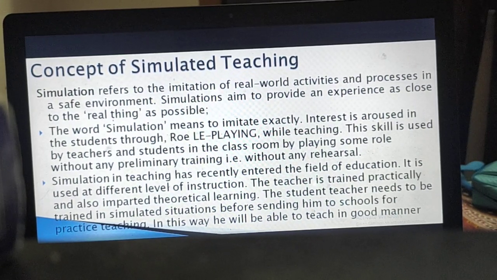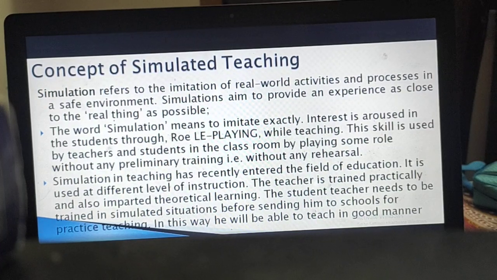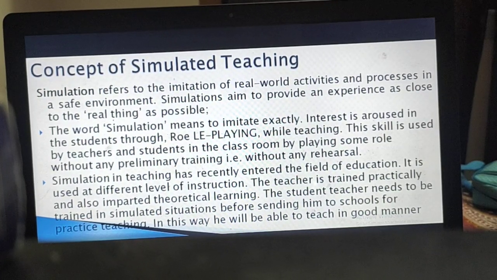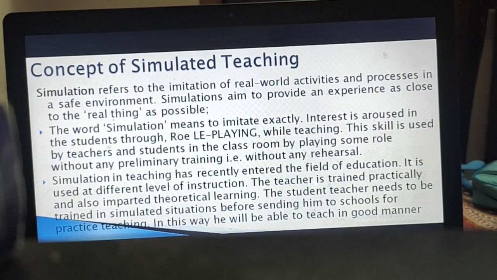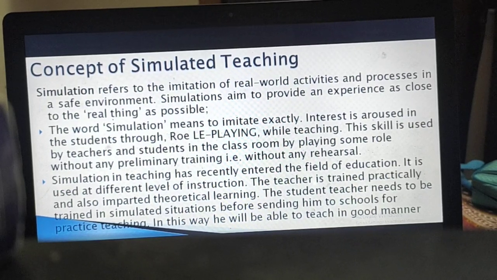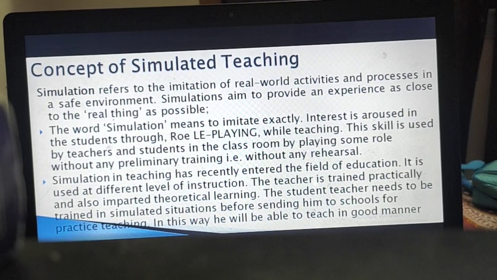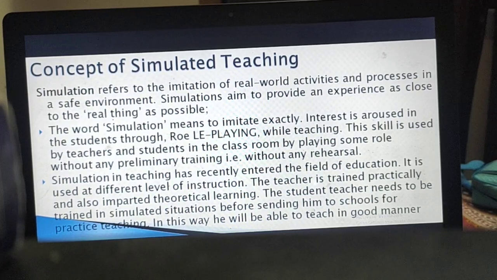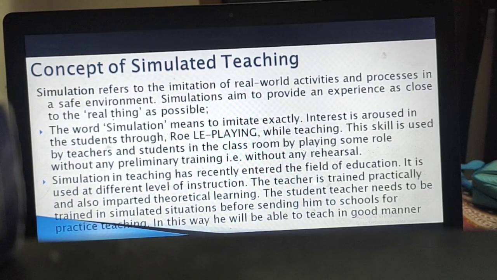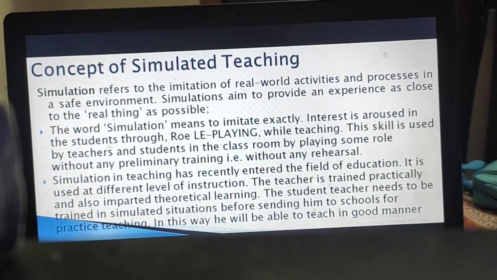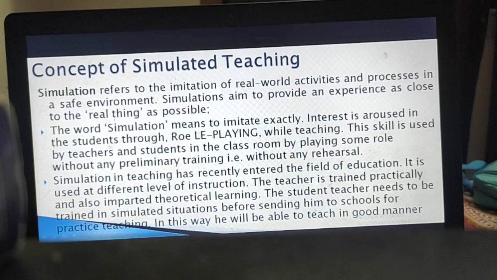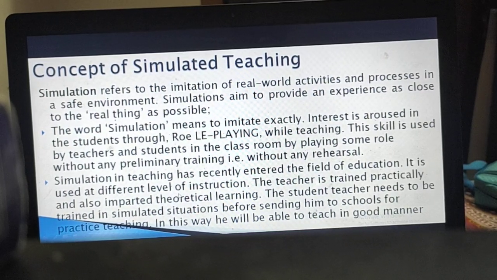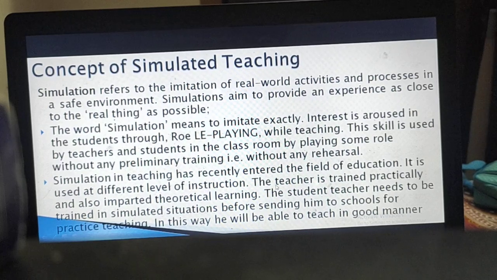Simulation refers to the imitation of real world activities and processes in a safe environment. Simulation aims to provide an experience as close to the real thing as possible. Simulation is a teaching technique that has recently entered the field of education.